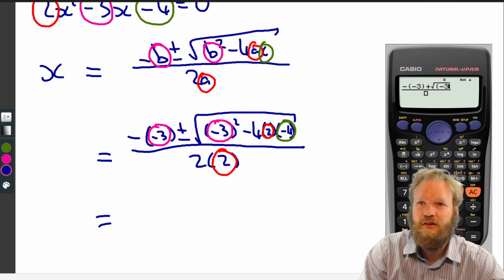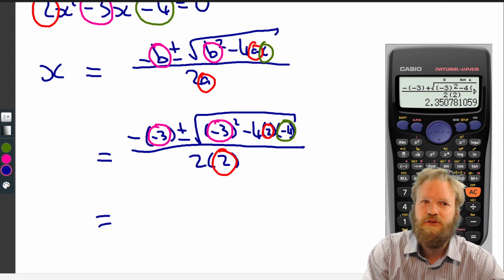Minus 4 times 2 times negative 4. And 2 times 2 on the denominator. That equals 3 plus root 41 over 4.